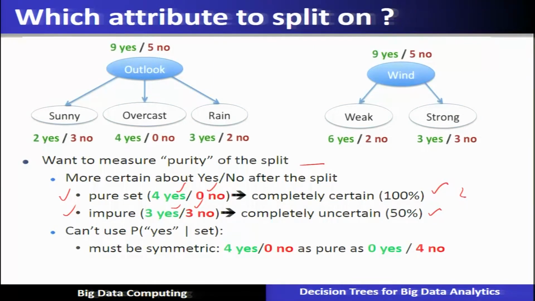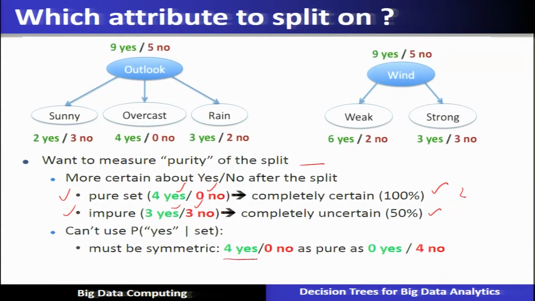Now, this measure of probability must be symmetric, that is, 4 yes and 0 no's is as pure as 0 yes and 4 no's.